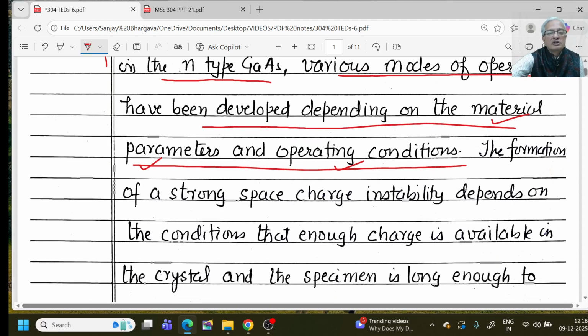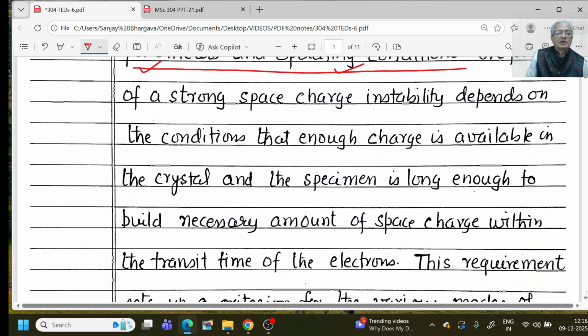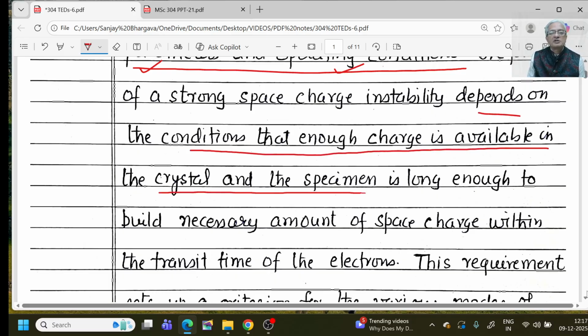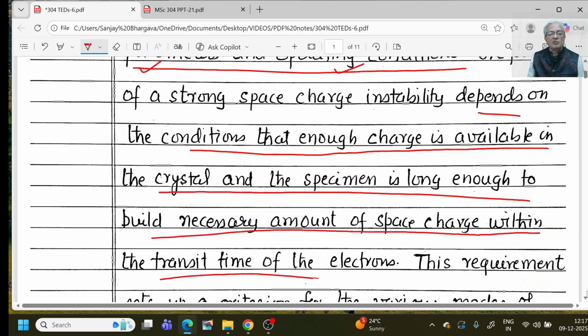The formation of a strong space charge instability depends on the conditions that enough charge is available in the crystal and the specimen is long enough to build the necessary amount of space charge within the transit time of the electrons. So the crystal must have sufficient charge, and secondly, the specimen must be long enough so that space charge can build up as it travels within the transit time of the electrons.